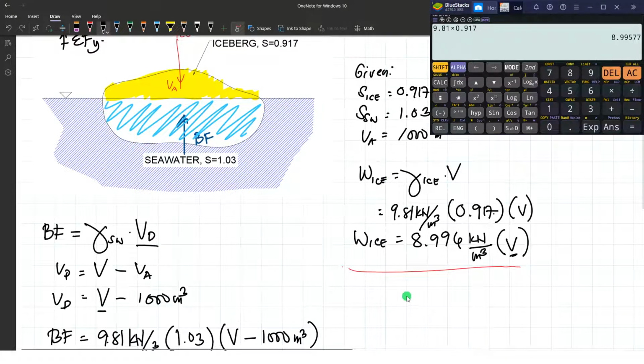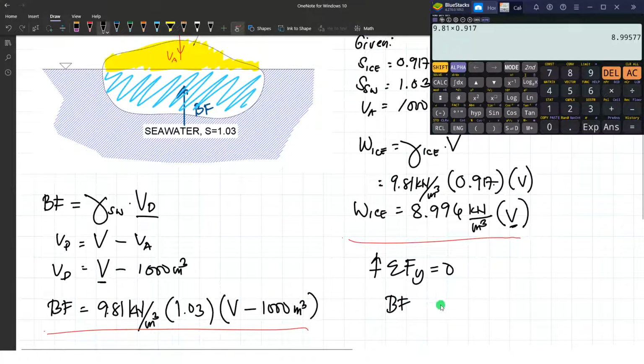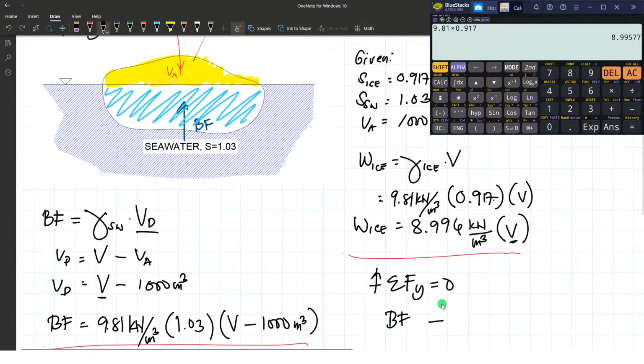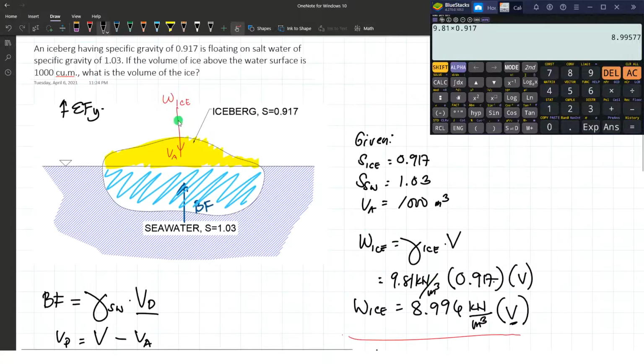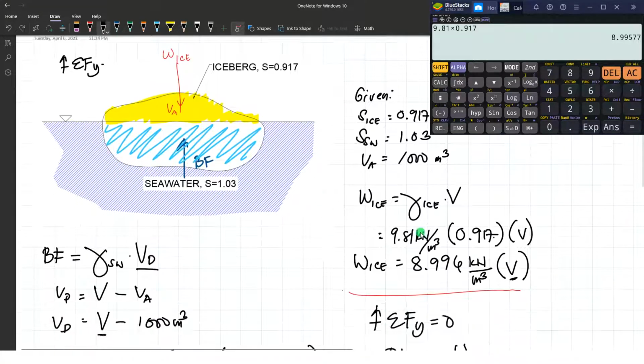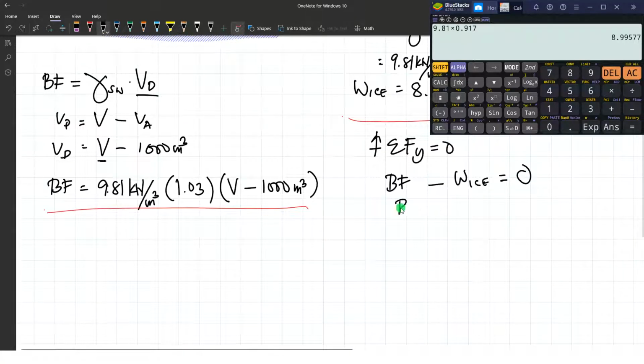Taking the sum of the forces along the vertical equal to 0, and assuming that upward is positive, we have buoyant force, which is positive, minus weight of the ice, that is equal to 0. Or simply, the buoyant force is just equal to the weight of the ice.